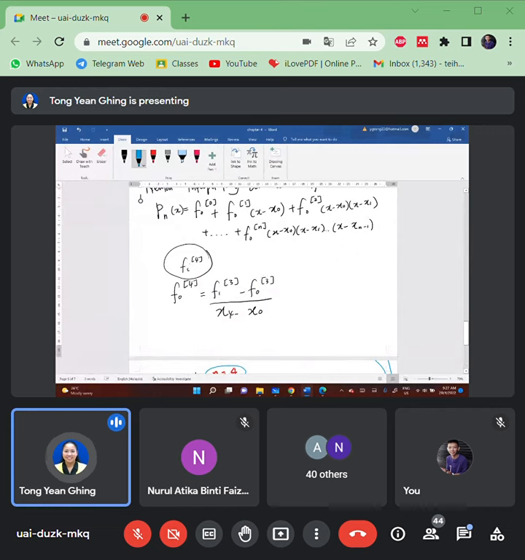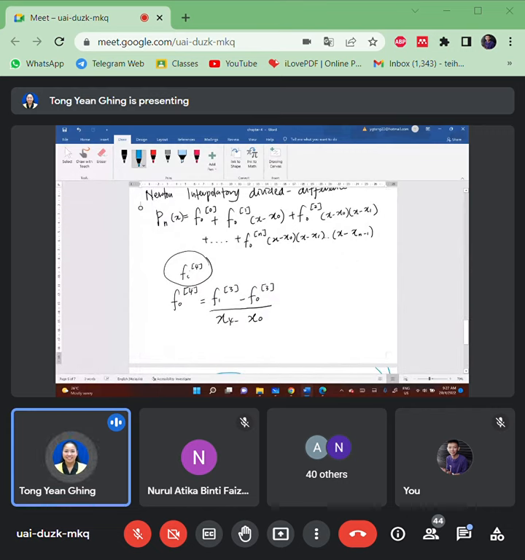So when I write the Newton divided difference interpolatory polynomial, it becomes like this: P(x) equals f0 0, plus f0 1 (x minus x0), plus f0 2 (x minus x0)(x minus x1), plus f0 3 (x minus x0)(x minus x1)(x minus x2), plus f0 4, the fourth divided difference, (x minus x0)(x minus x1)(x minus x2)(x minus x3).